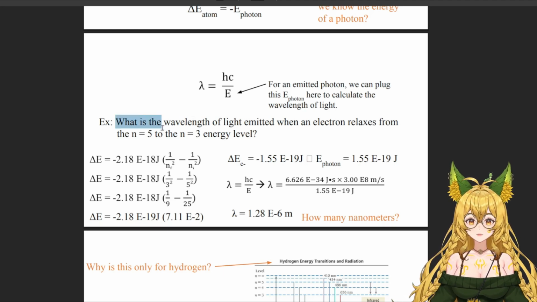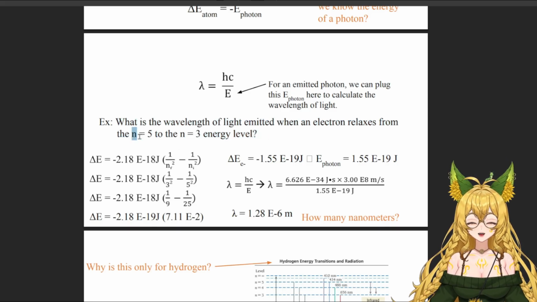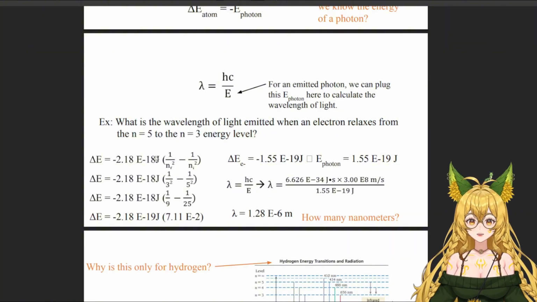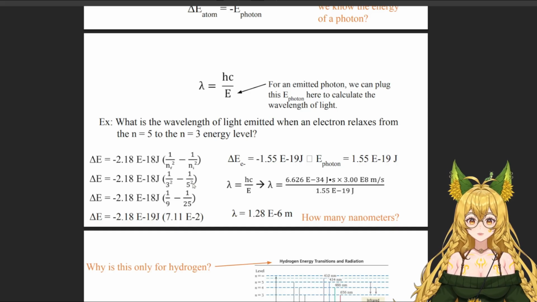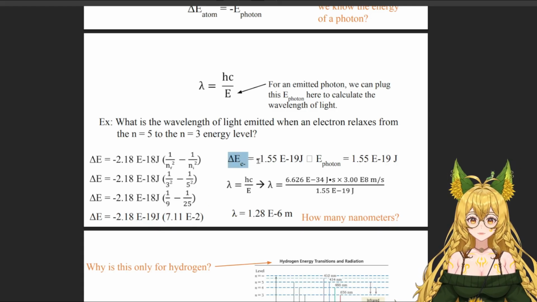So just an example: what is the wavelength of light emitted when an electron relaxes from the n equals 5 to the n equals 3 energy level? Well, we can keep going down here. We have our final minus initial, so our 3 minus 5, squared. We get this final answer for E. The change in energy of the electron is this minus this.